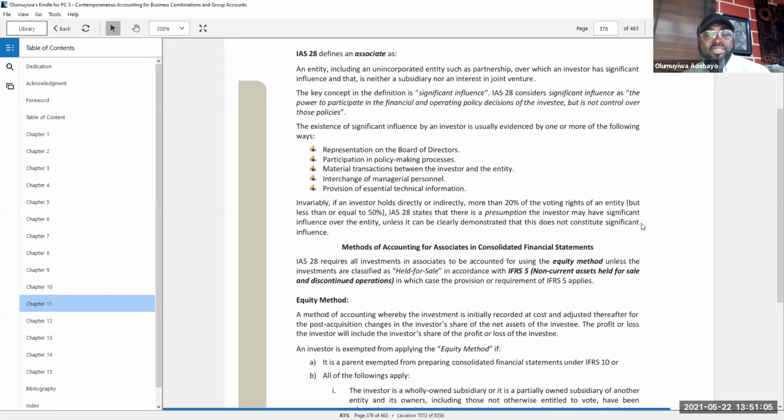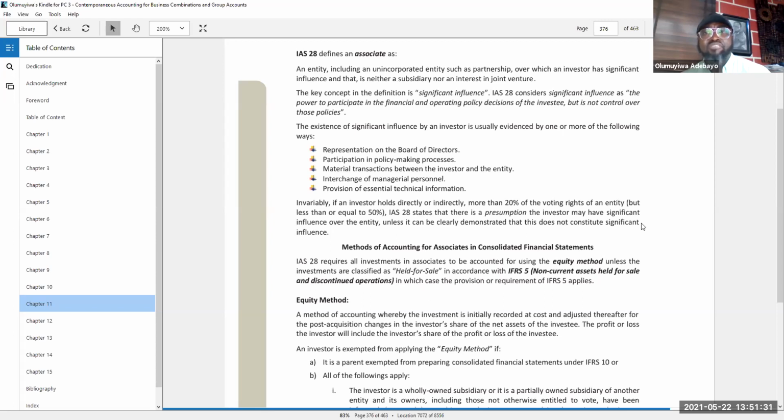The question then is, significant influence can be viewed directly from holding between 20% and 50% of the voting power or rights in the investee, or indirectly from the perspective of any of these qualitative attributes. And that is very key in our discussion.